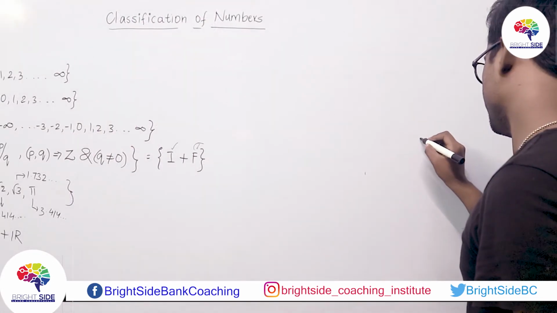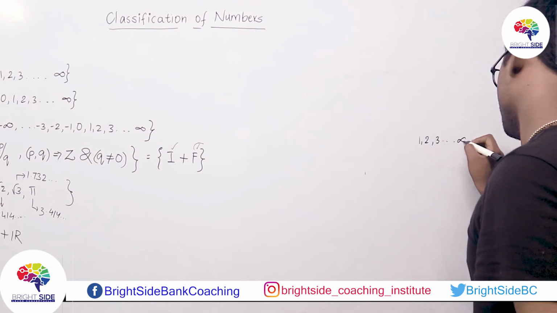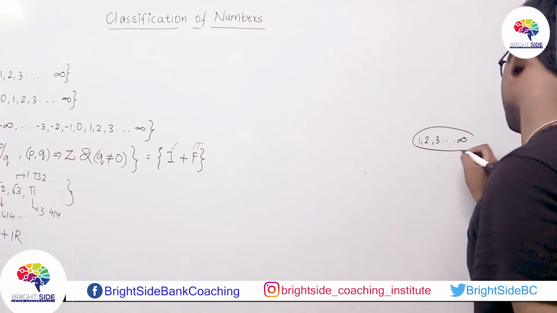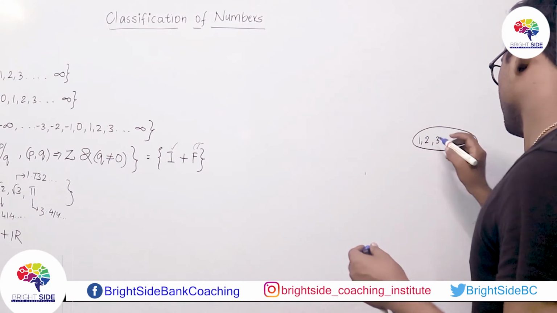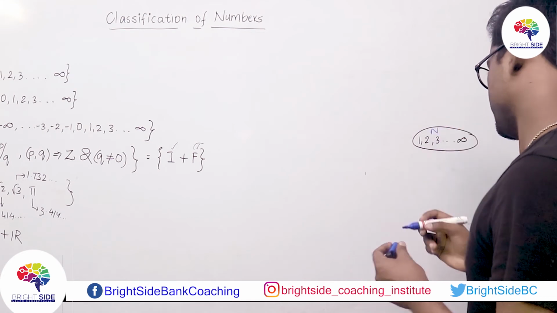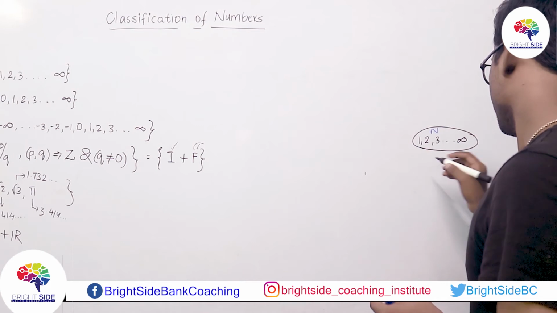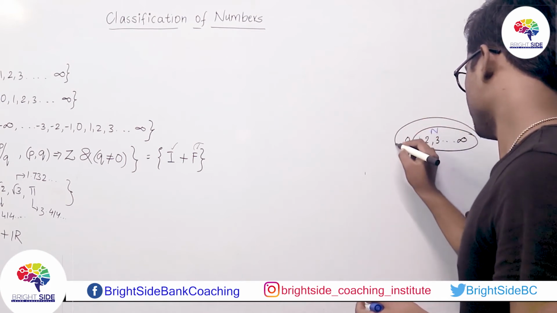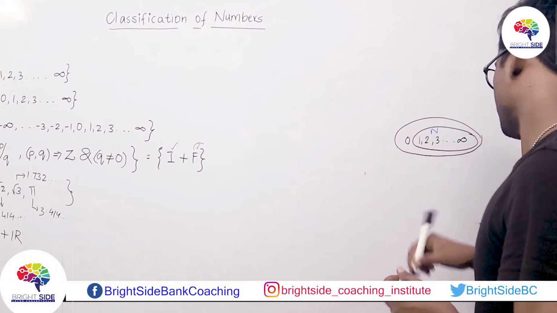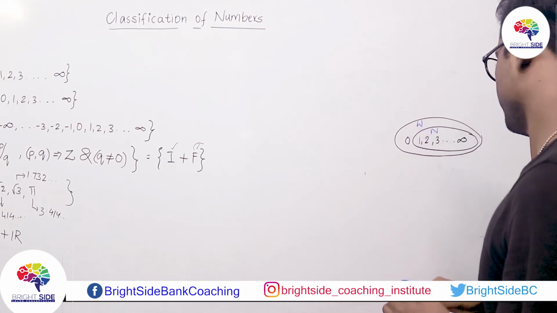So the numbers 1, 2, 3 and so on, infinite, this number set is called natural number set, right? And if you add 0 to it, that set will become whole number set. Okay, so this is a whole numbers set.